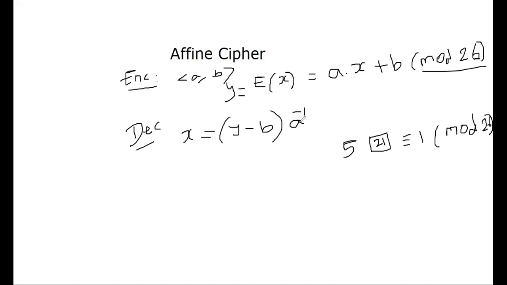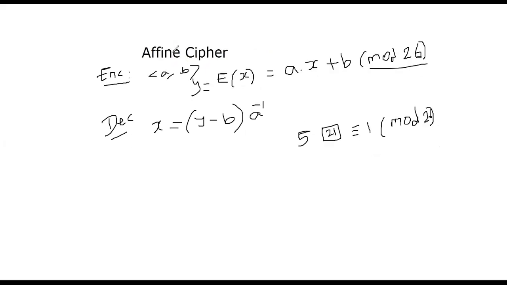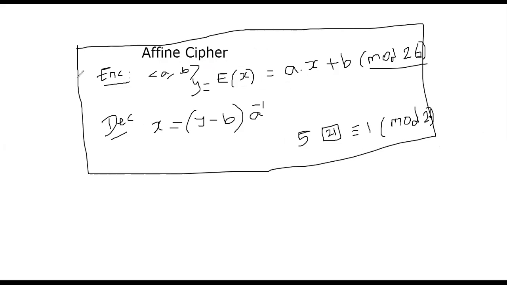Let me now summarize the inverse property. This is our algorithm. We talked about encryption and decryption. How can we compute inverse? A inverse can only exist if and only if the GCD, the greatest common divisor, of A and 26 is 1.